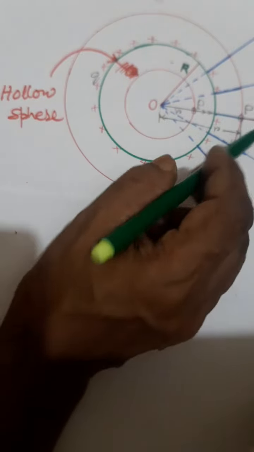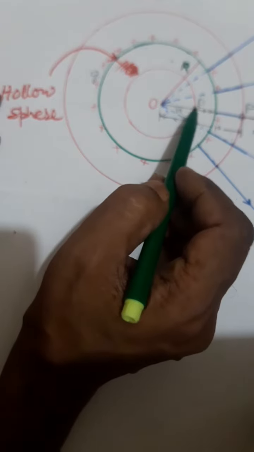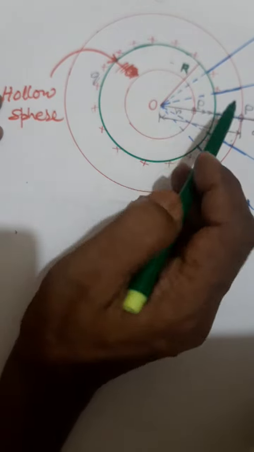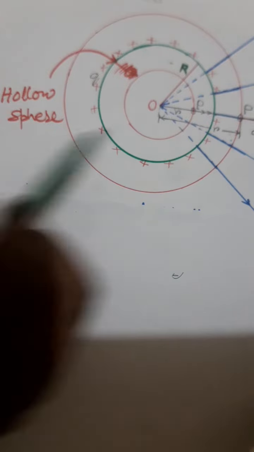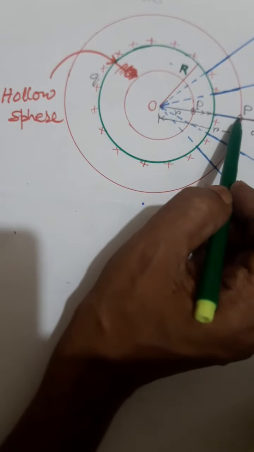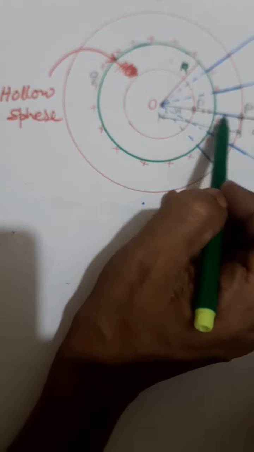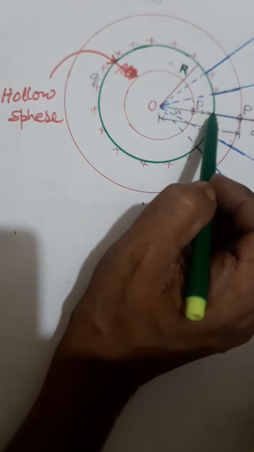So the electric lines of force are emerging normally from the spherical surface. We are to find the electric field at a point P at a distance r from the center of the spherical shell.